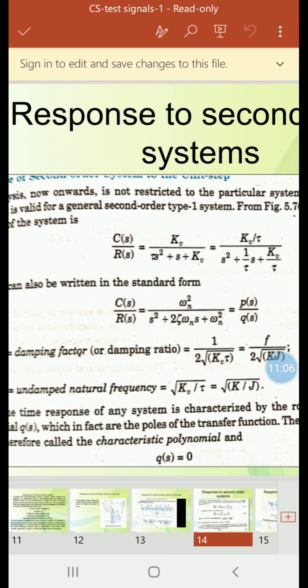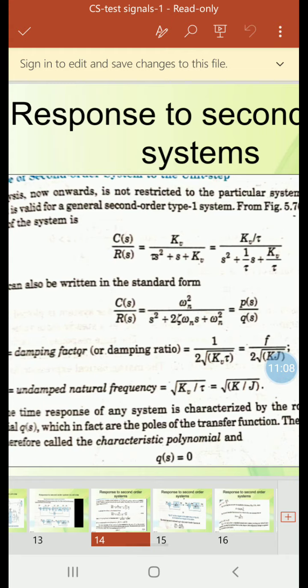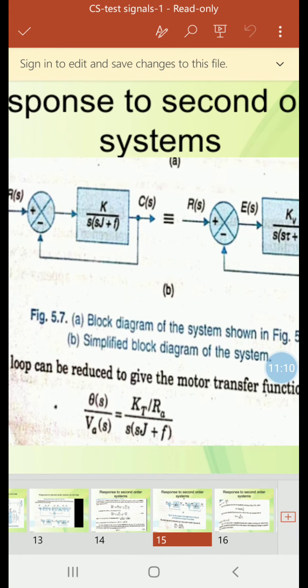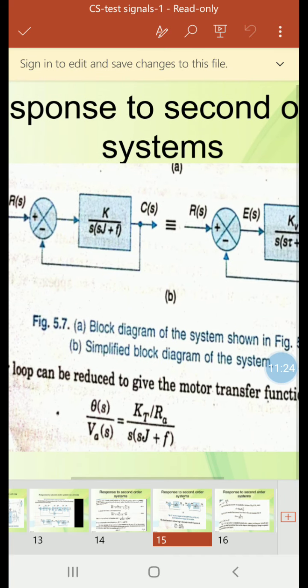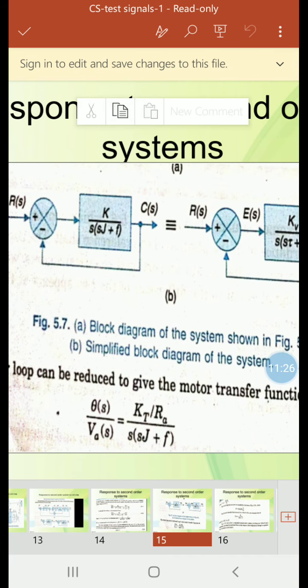Then the inner loop can be further reduced to give the motor transfer function theta(s) by V(s) equal to KT by RA divided by s(Js plus F).